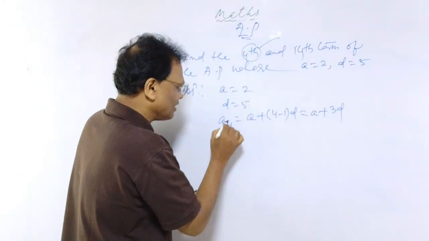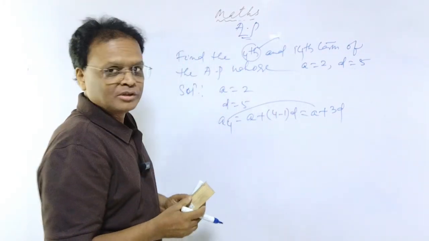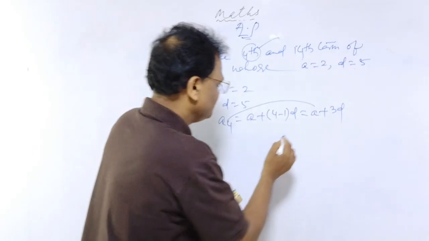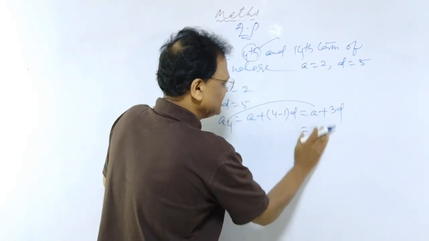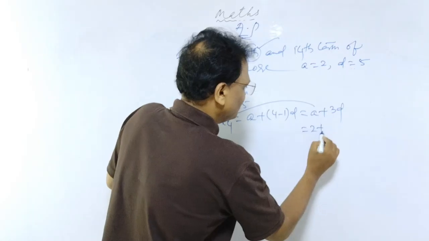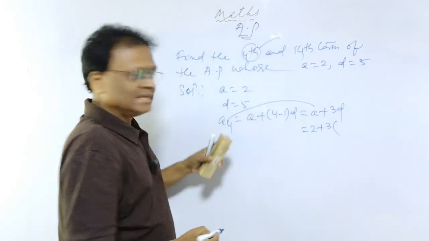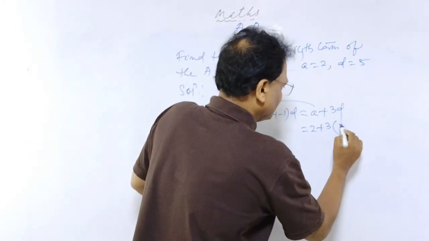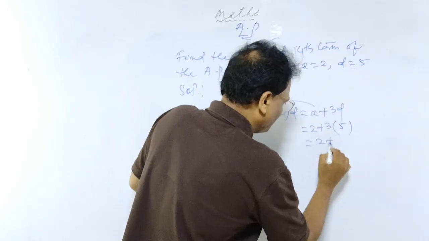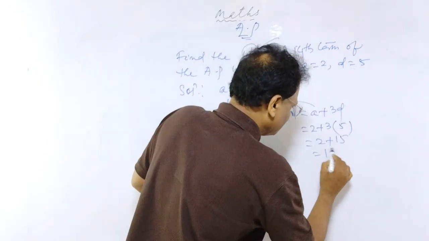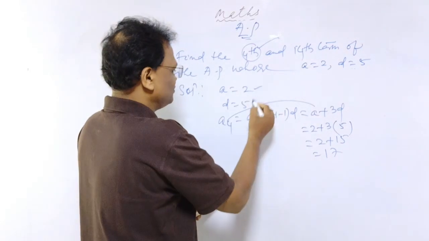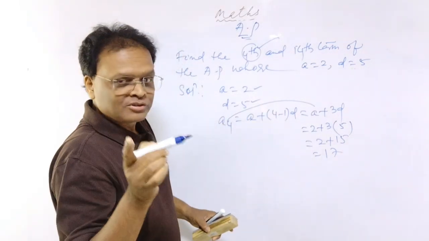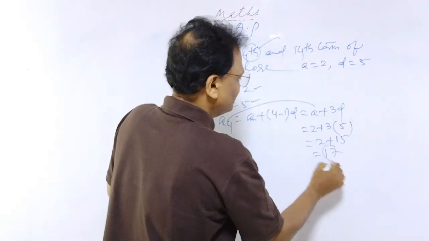So A4 is equal to A plus 3D. What is your A? A is given, 2, plus 3 into D, which is also given, 5. 3 fives are 15. That means if A is 2 and D is 5, my fourth term will be 17.